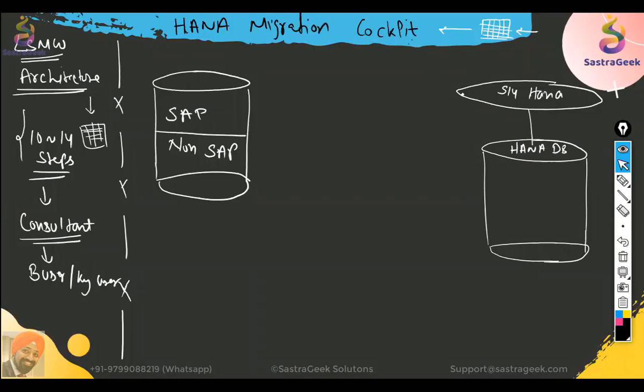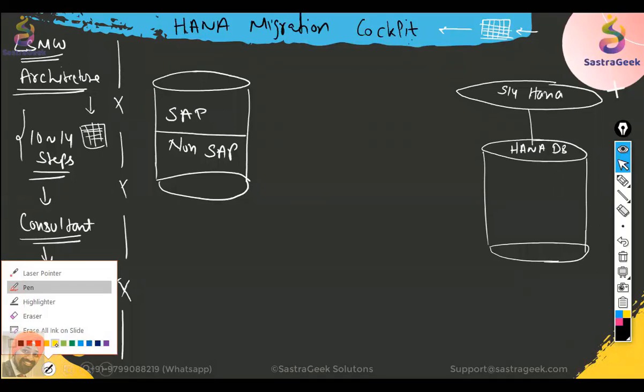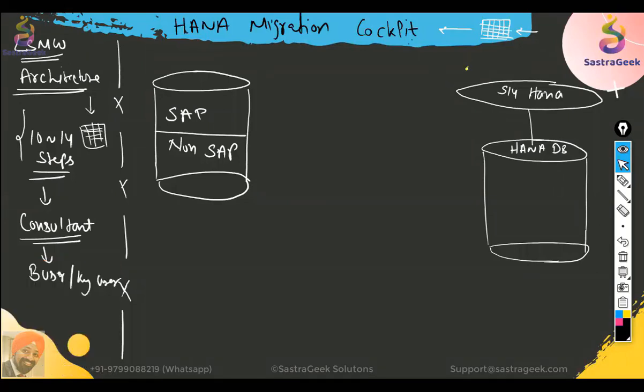The first step which we will be doing in HANA migration cockpit is going ahead and creating a project, and within the project we will be activating our object.